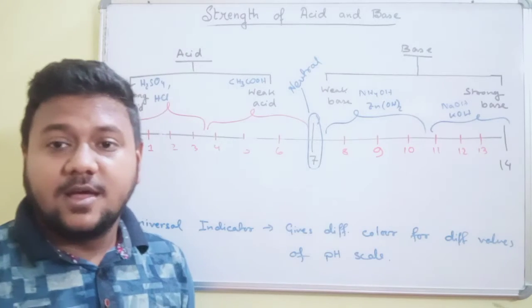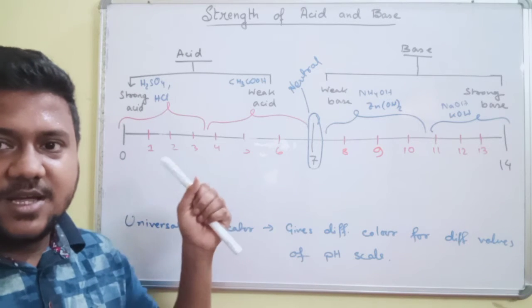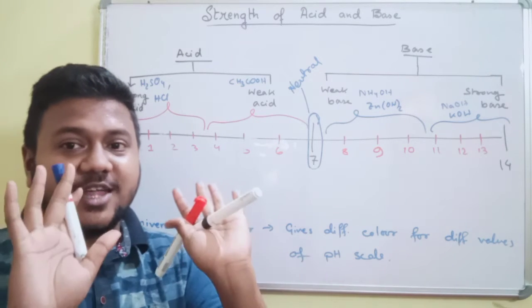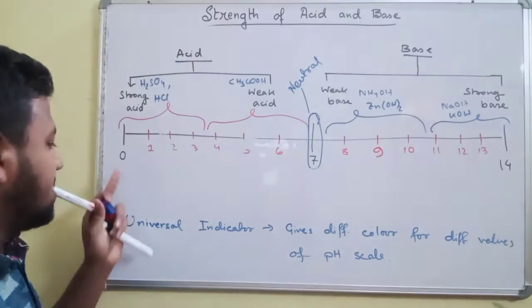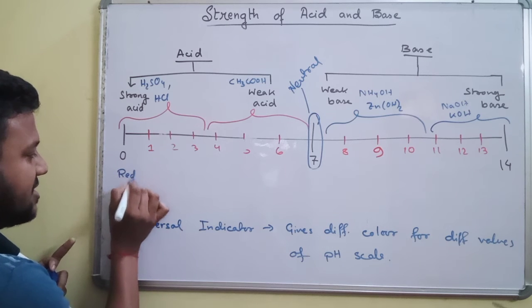I am not providing you the different colors here, but I will give you the colors, because I cannot show you the colors actually, as I don't have different markers. So let us see what the color of the universal indicator is when the pH is 0. It will be red, dark red.